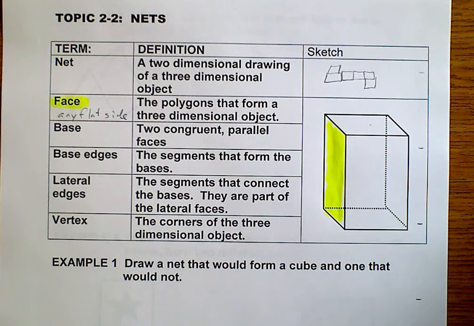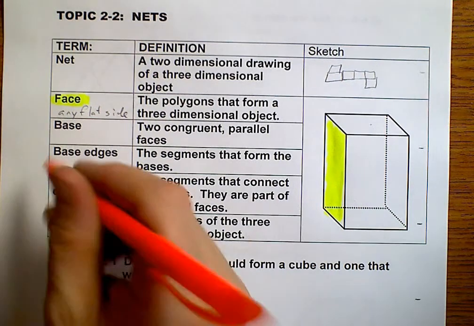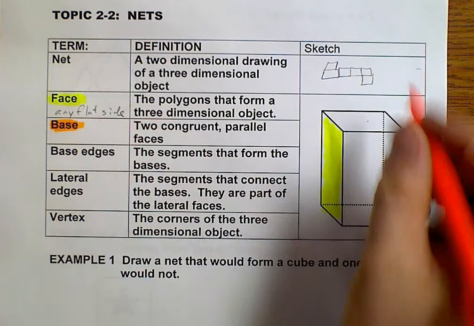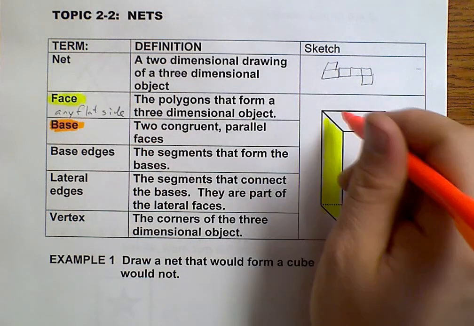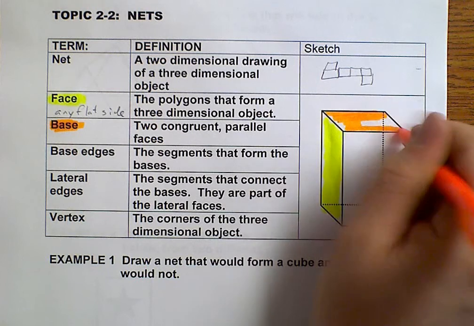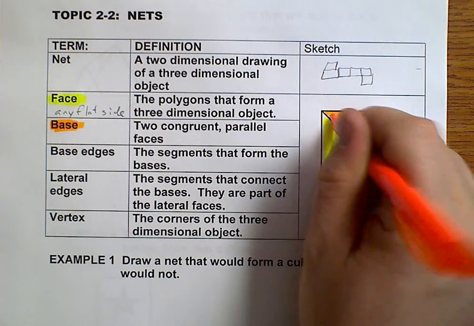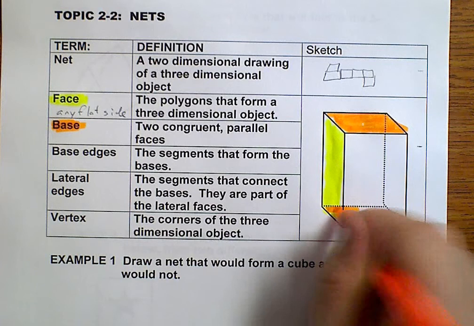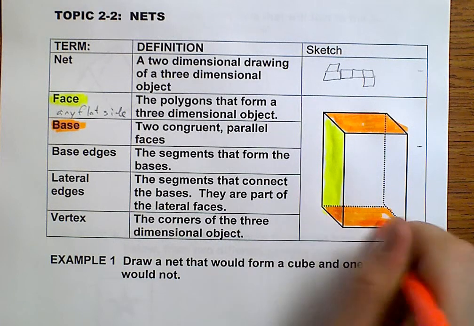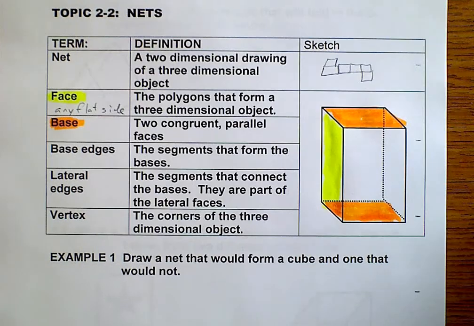Now our base on a prism would be two congruent parallel faces. Okay? Then it'd be congruent and parallel. And so this might be one base, while this would be my other base.